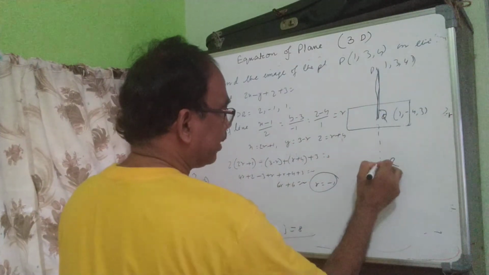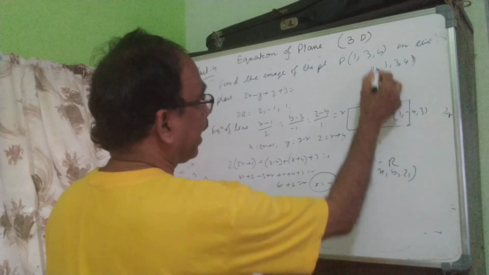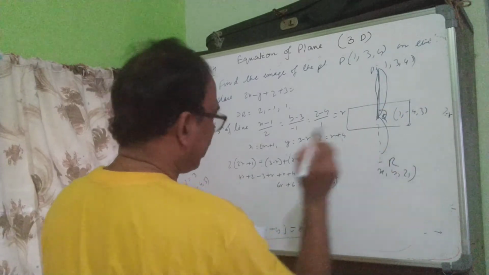You have to find the image. Suppose this is (x1, y1, z1). Q is the midpoint, as this is the image.